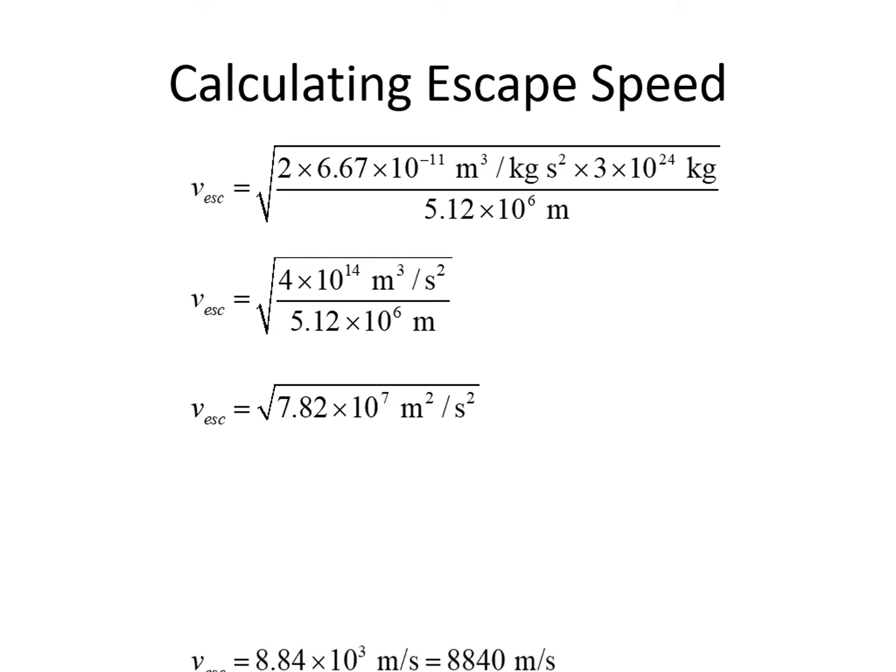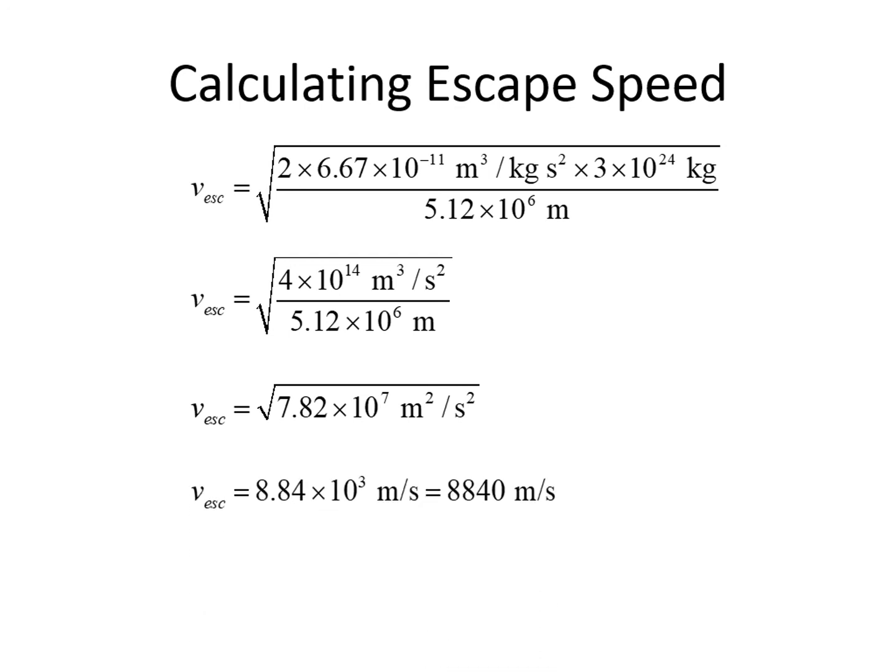Finally, we take the square root to get the velocity. If you're not sure where the square root key is on your calculator, it usually looks like the square root symbol in the equation. If you're having trouble finding it, you're welcome to ask for help or look at your calculator's instruction manual. When you take the square root, the number gets substantially smaller here.